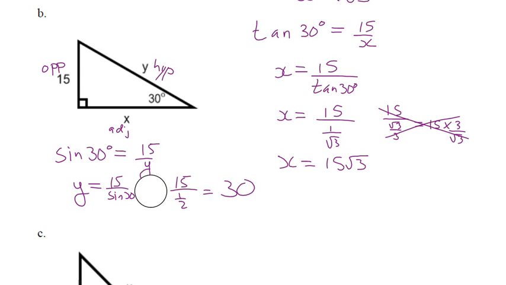I guess we can string equal signs along because there's not much room there. Okay, y is 30. We should be able to square 15 and square 15 root 3 and add them together and get 30 squared, 30 actually.